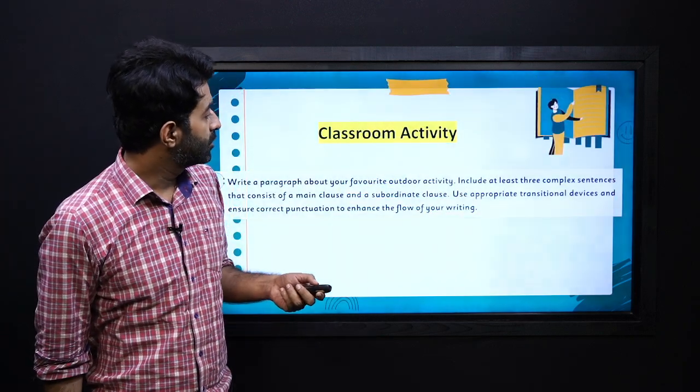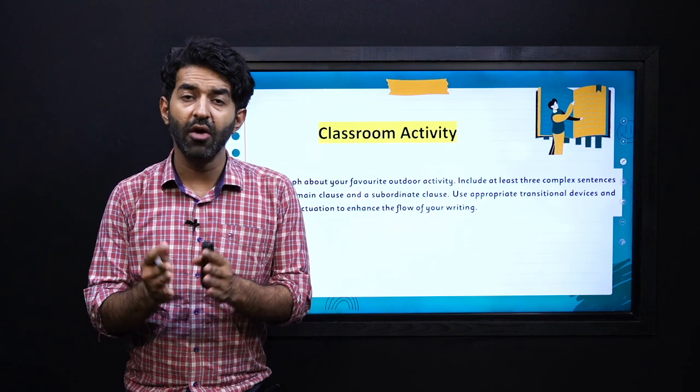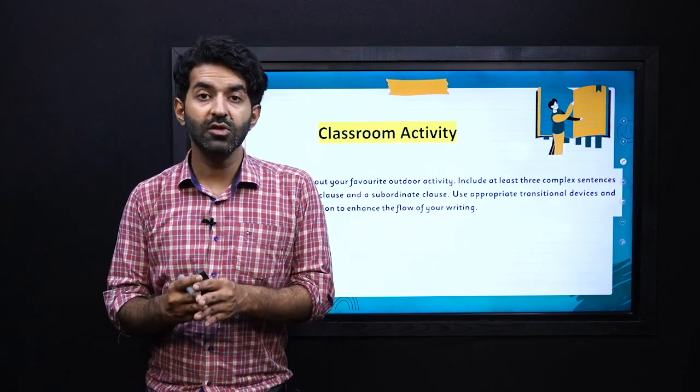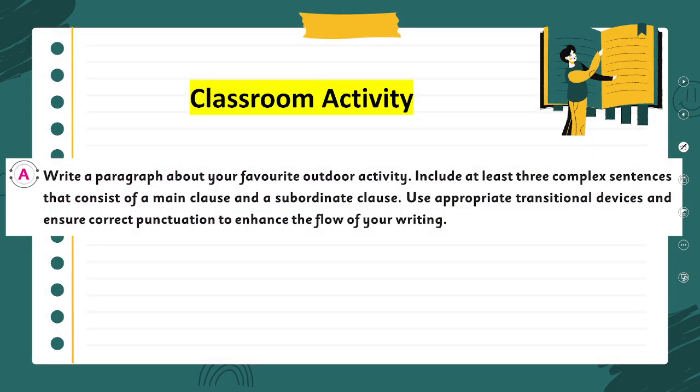After learning about this, let's do a very quick classroom activity where you have to write a paragraph about your favorite outdoor activity, and you have to include at least 3 complex sentences that consist of a main clause and a subordinating clause. And what else do we need?